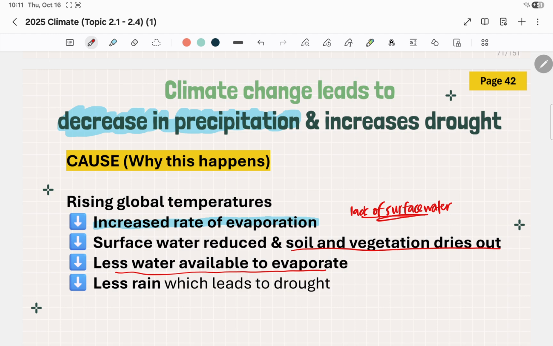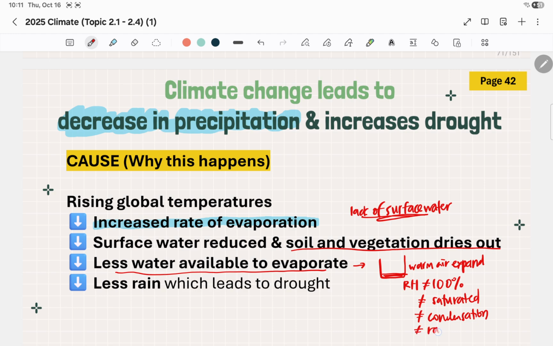So the land becomes drier and drier, and your beaker becomes bigger and bigger, warm air expanding, but there's no water. Very little water, so RH is not 100%. RH cannot reach saturation point. So when it is not saturated, there's no condensation. And when there's no condensation, then it will lead to drought.